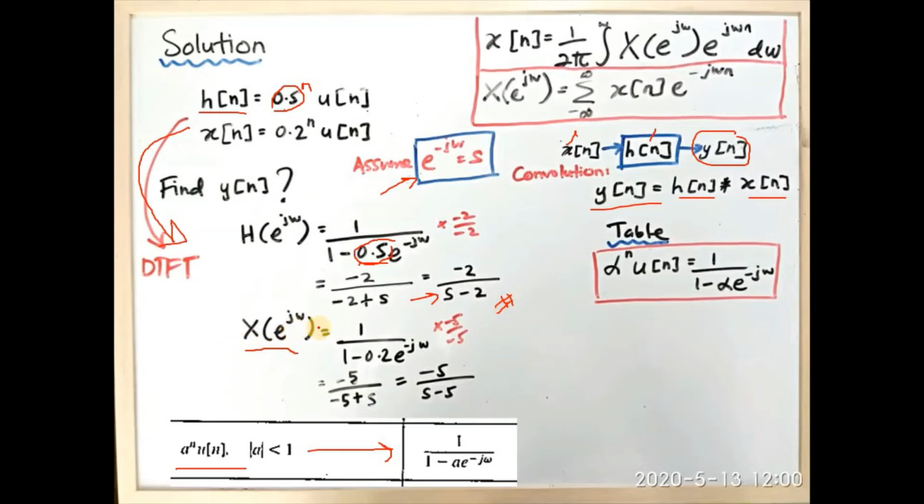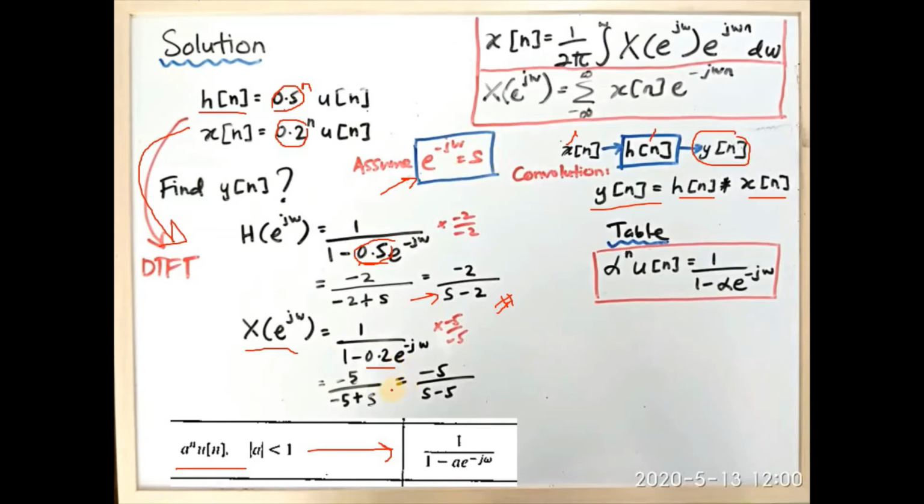Next, we are going to convert x. So you get X(e^jω). Look at this, what is the a value? a is 0.2. So 1 over 1 minus 0.2 e^(-jω). Like what you did for the h signal, we substitute e^(-jω) equal to s here.